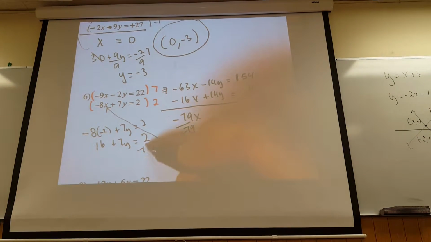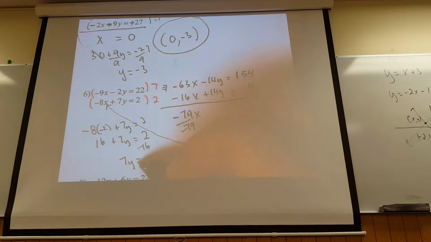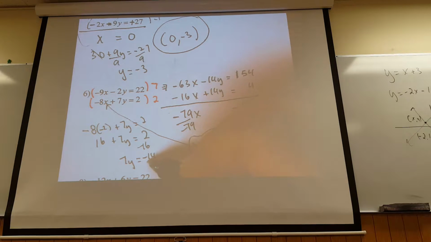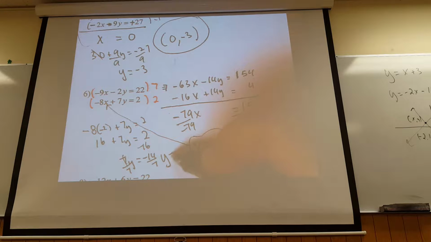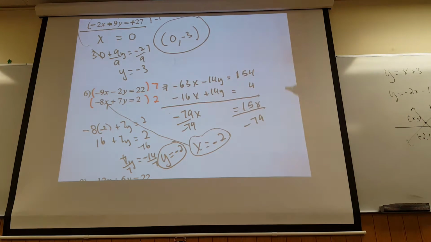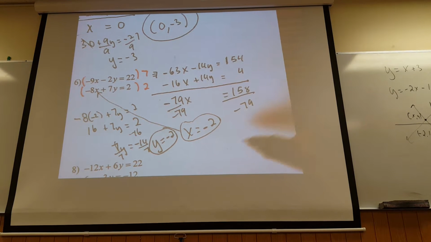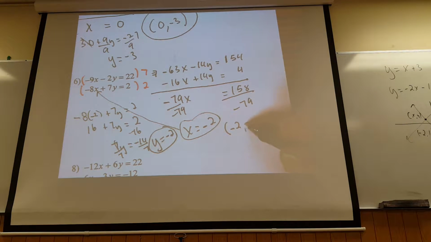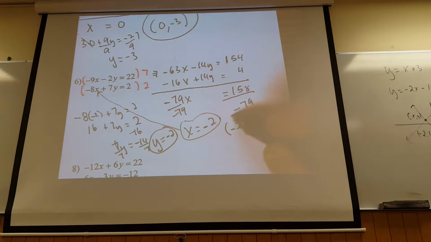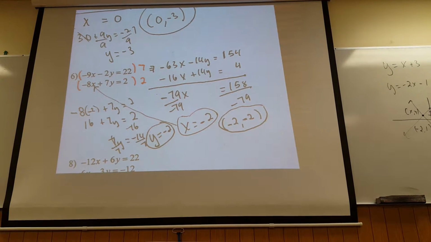When you minus 16, 7y equals negative 14. So when you divide by 7, y also equals negative 2. Now you could mix the x, y up here and still get it right. Okay?